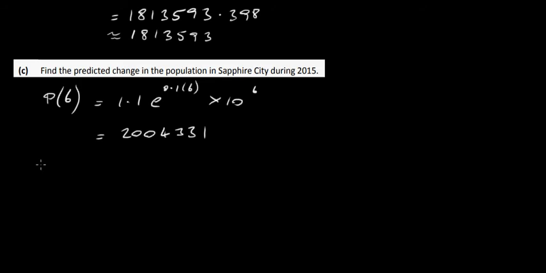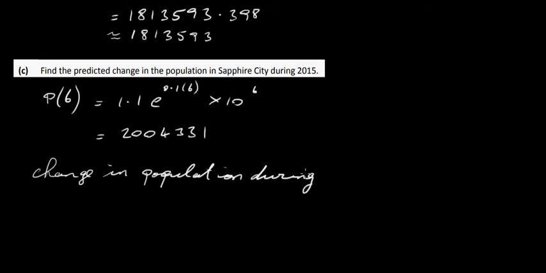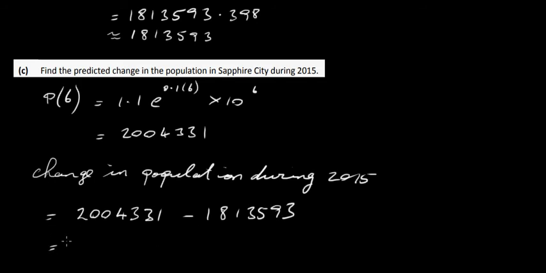So in other words, the increase in population, or the change in population during 2015, is equal to 2004331 minus 1813593, and that gives us a change in population of 190738. So this is the predicted change in population during 2015.